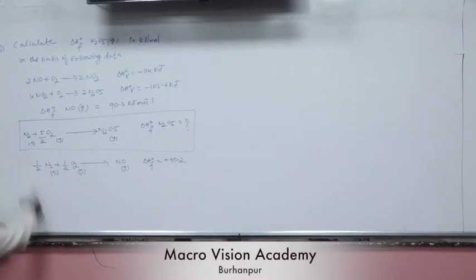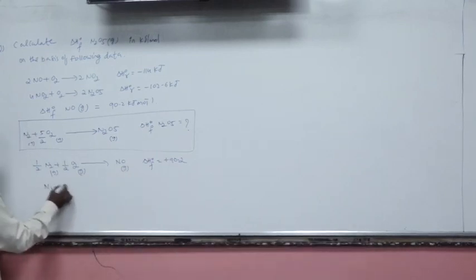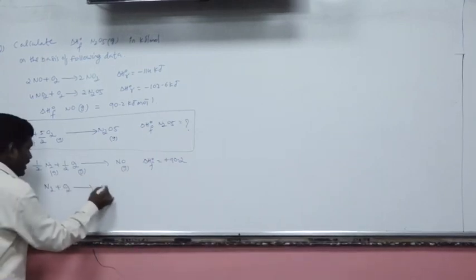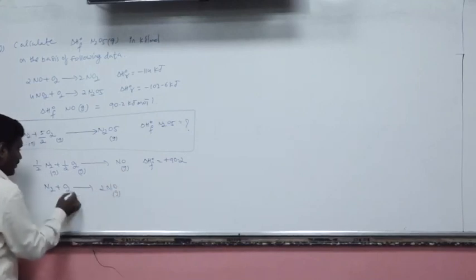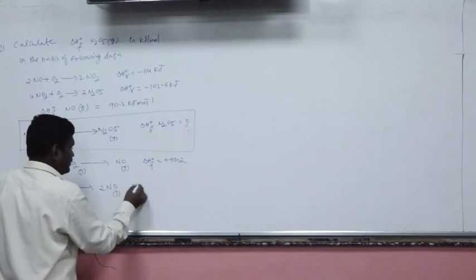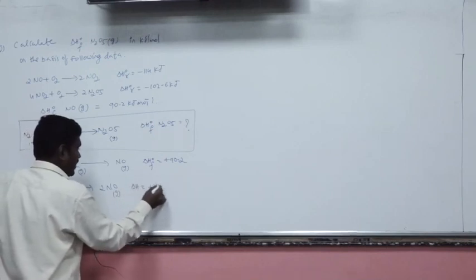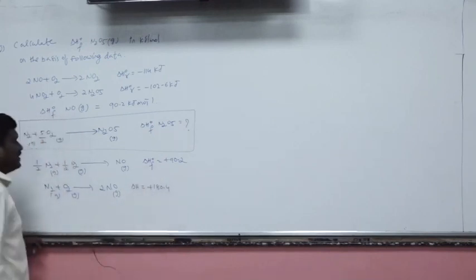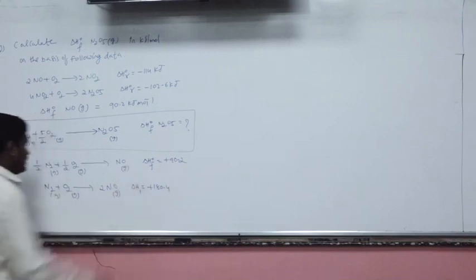What I am doing, I am multiplying with 2 on both sides. So N2 plus O2 gives 2NO. Now this value becomes 180.4. Let us say this is the delta H1.